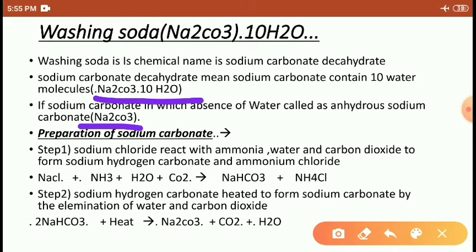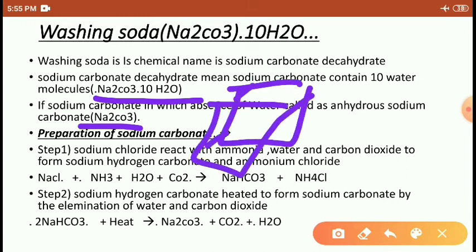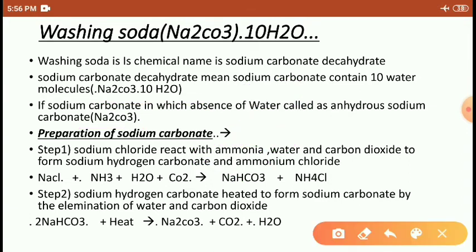Right, friends? It means what is called decahydrate is a salt like a cube, which is absorbing 10 moles of H2O. It absorbs only 10 moles, not more than 10. That's why it is called a decahydrate, right?